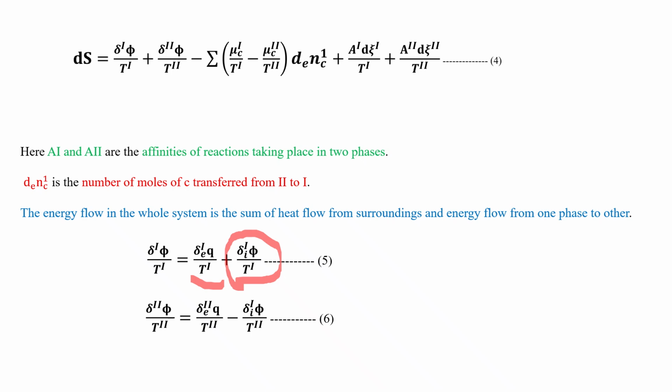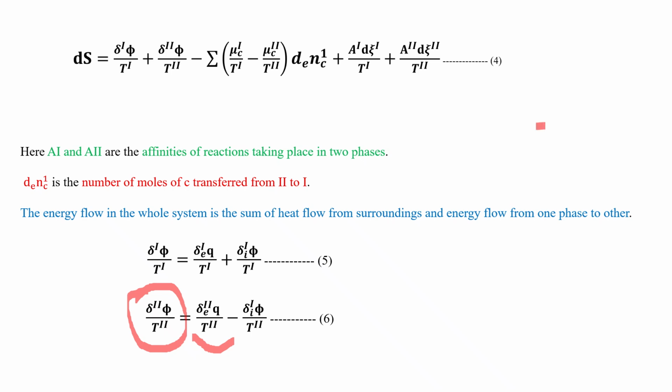In the same way, when you are discussing the total amount of matter exchanged with phase 2, it includes the amount of heat exchanged from the surrounding to the system.